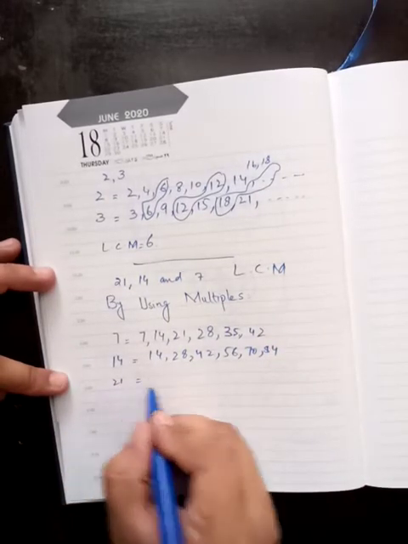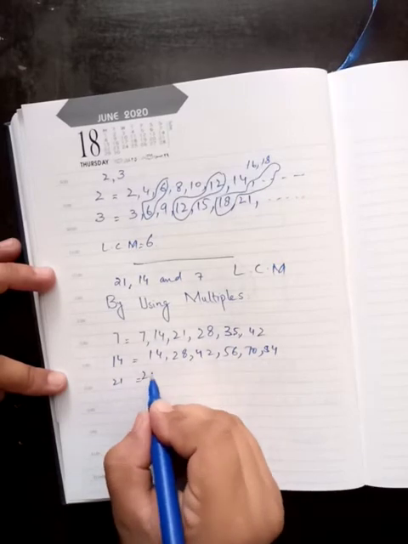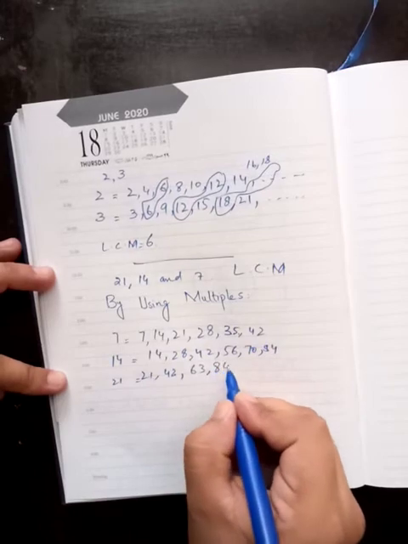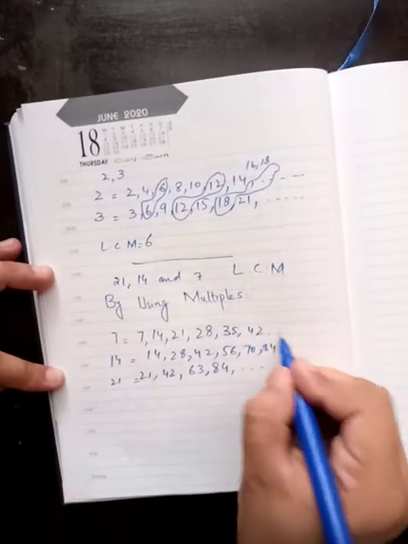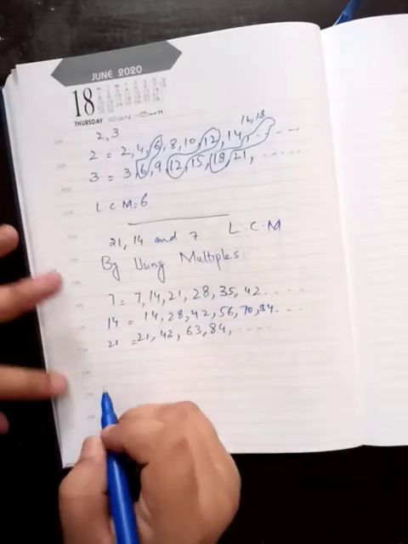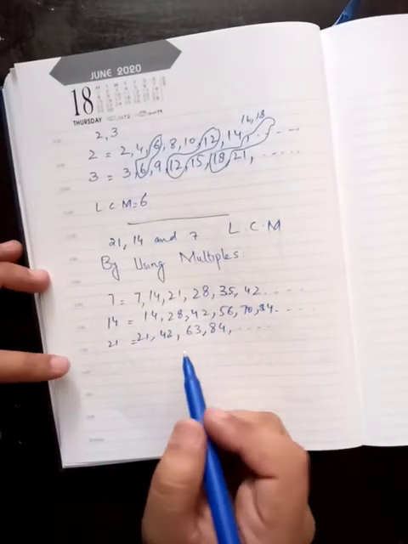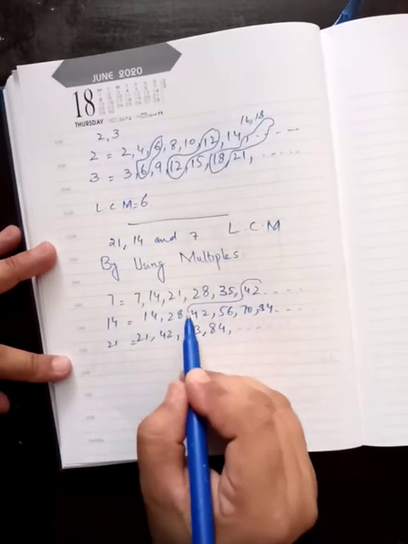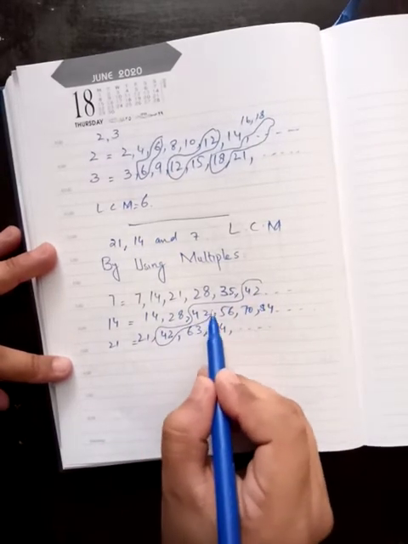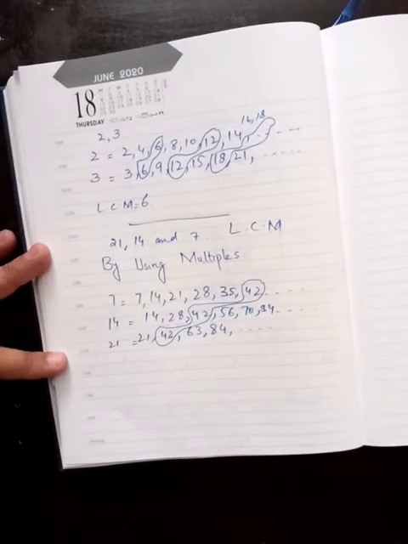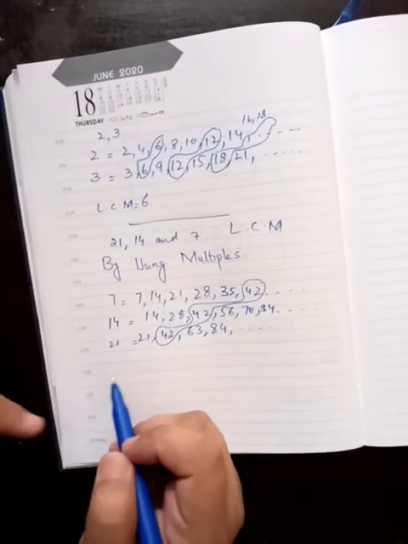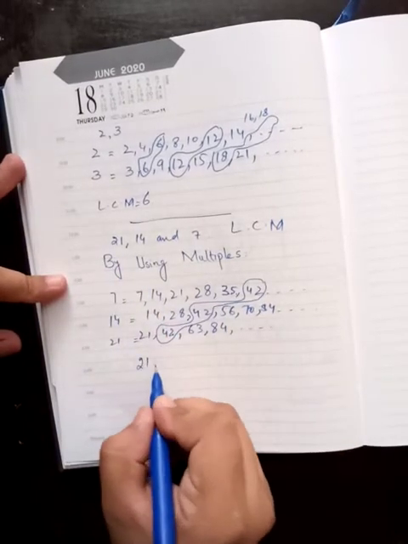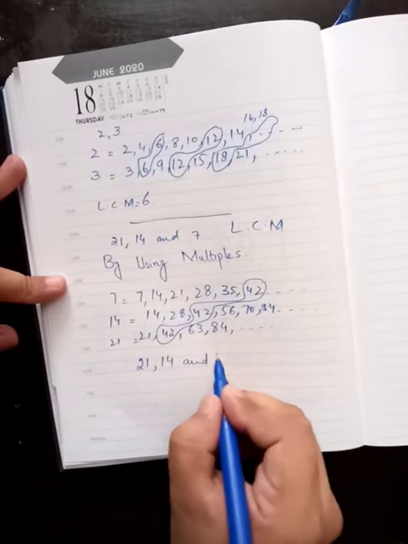Multiples of 21: 21, 42, 63, 84 and so on. Now I have to check the common multiples. 42, 42 and 42. 42 is the only common multiple, the lowest common multiple of the numbers 21, 14 and 7.